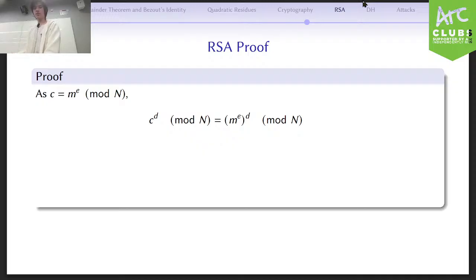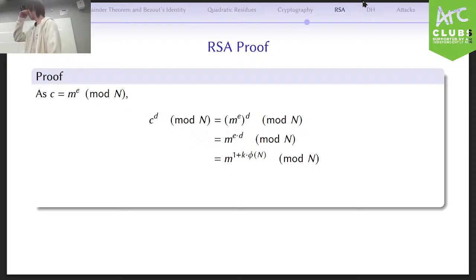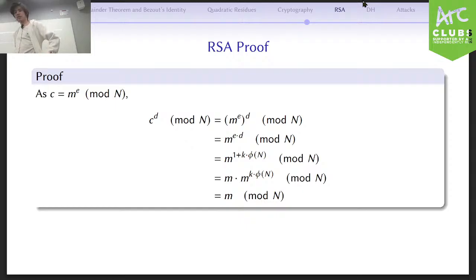If you raise C to the power of D, it expands to your message M to the power of E to the power of D, which by power law is M to the power of E times D. Then, since we have our identity from before, we have M to the power of 1 plus some multiple of totient N, which we further expand out to get M times M to some multiple of totient N. And by Euler's totient function, M to that multiple of totient N is just 1.